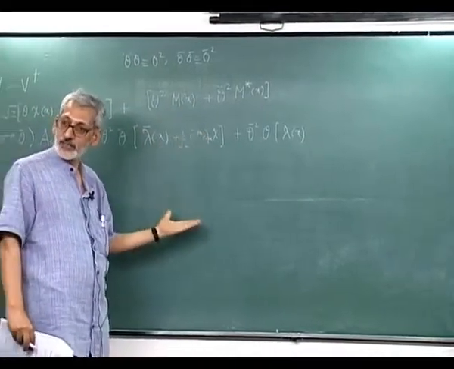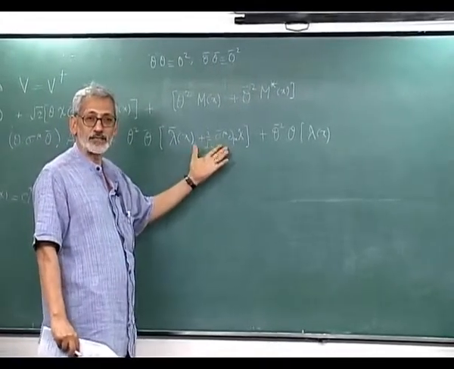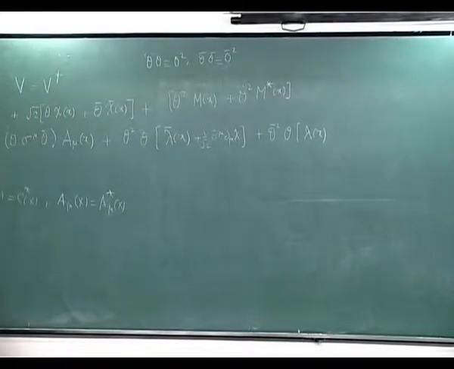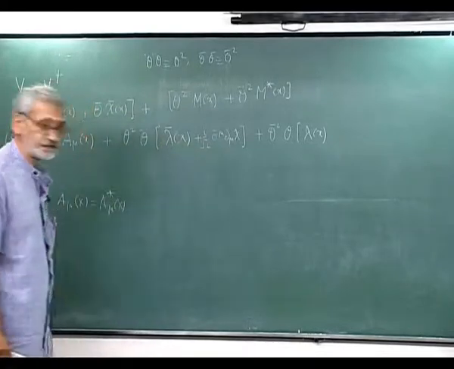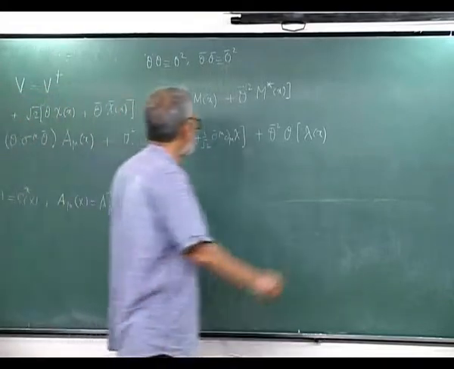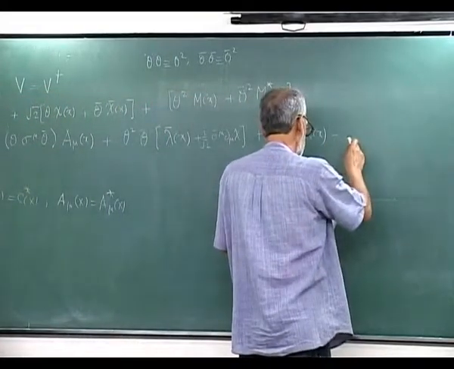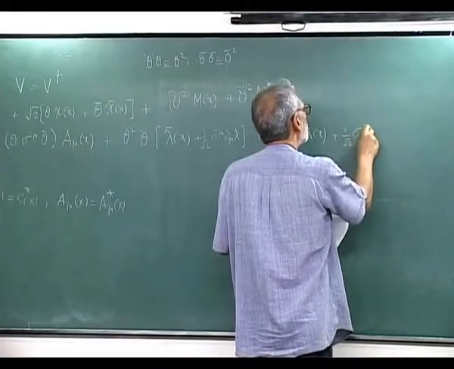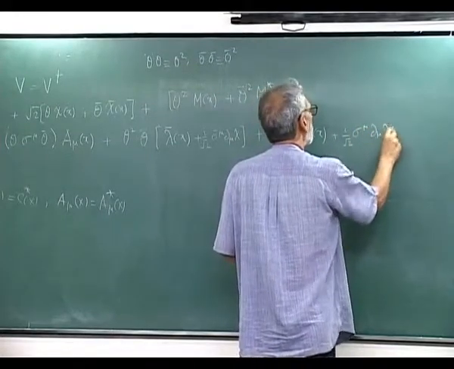Otherwise, you can write it without that, and then some structure will follow, which will tell you that we can always add something which is a derivative of chi into this. Similarly, for this object, plus i by root 2 sigma mu d mu chi of x.